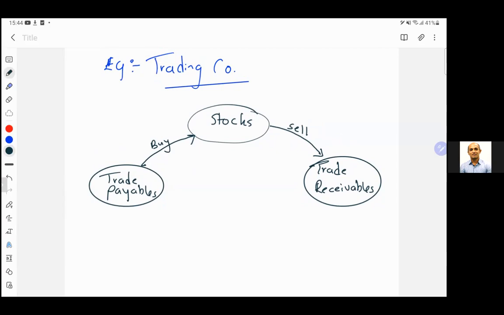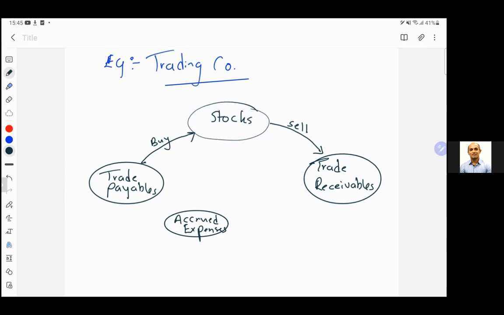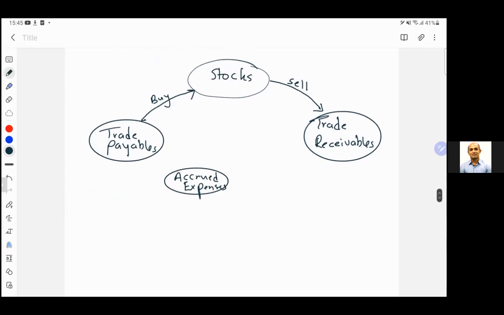Then what you do is, you try to delay some expenses. When you delay expenses, your expenses become accrued. There are situations where you cannot delay expenses.